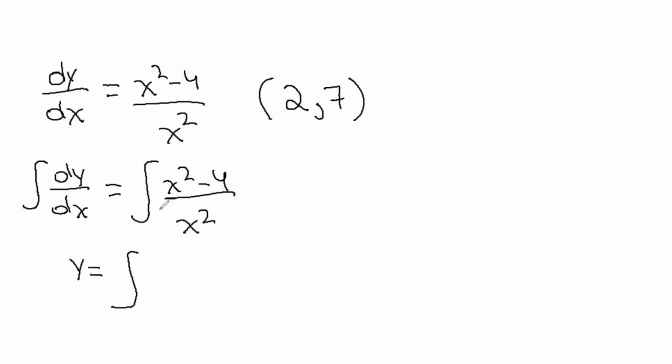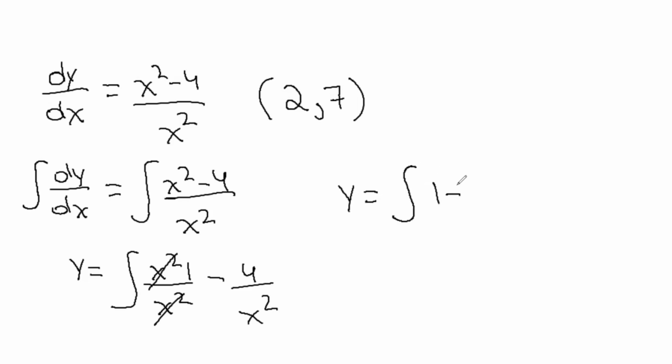What we can do to this term is split it. You can make it x square divided by x square minus 4 divided by x square. These two get cancelled and become 1, and this becomes minus 4 by x square. So now you're left with y equals integration of 1 minus 4 by x square.